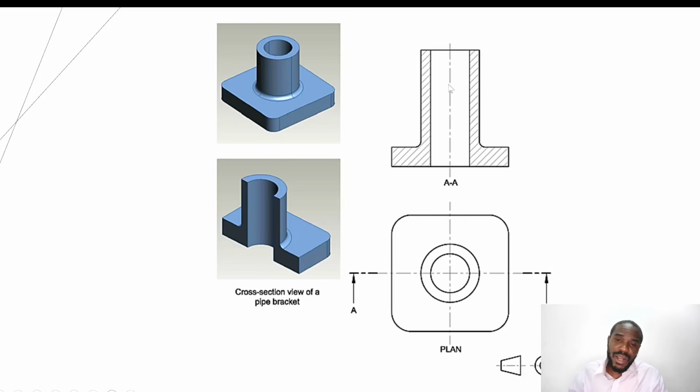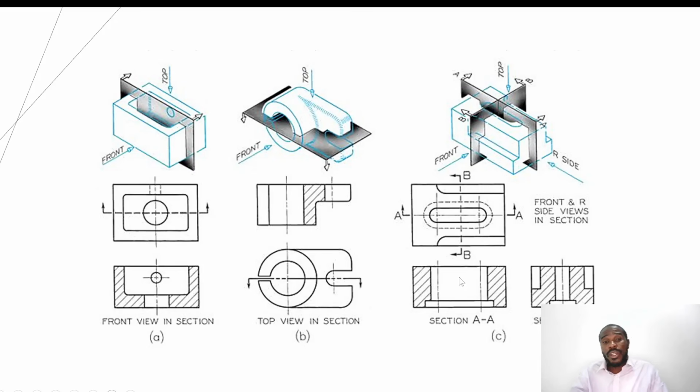So this middle part of section AA has not been hatched, because our cutting plane does not actually cut that face, which we know from the isometric or orthographic projection is a curve. Here are more examples that show sectioning, and these are a few types of sectioning that we'll look at shortly.